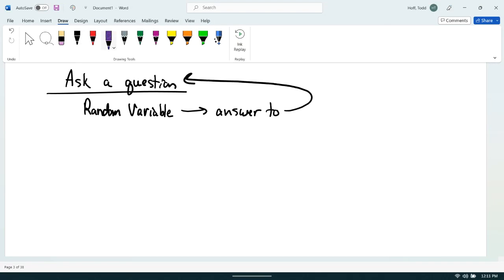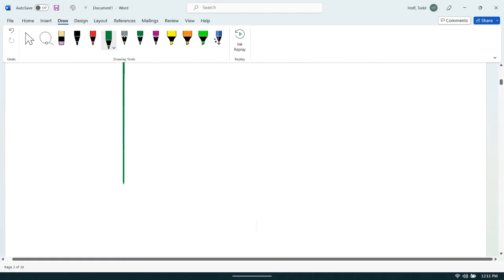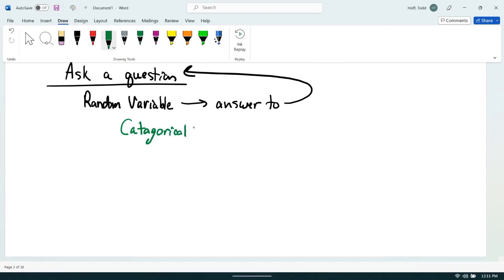And so our random variable can take on a few different forms. It can be what we call categorical. Categorical random variable, sometimes called qualitative because it's measuring a quality. The answer to the question puts you in a category.